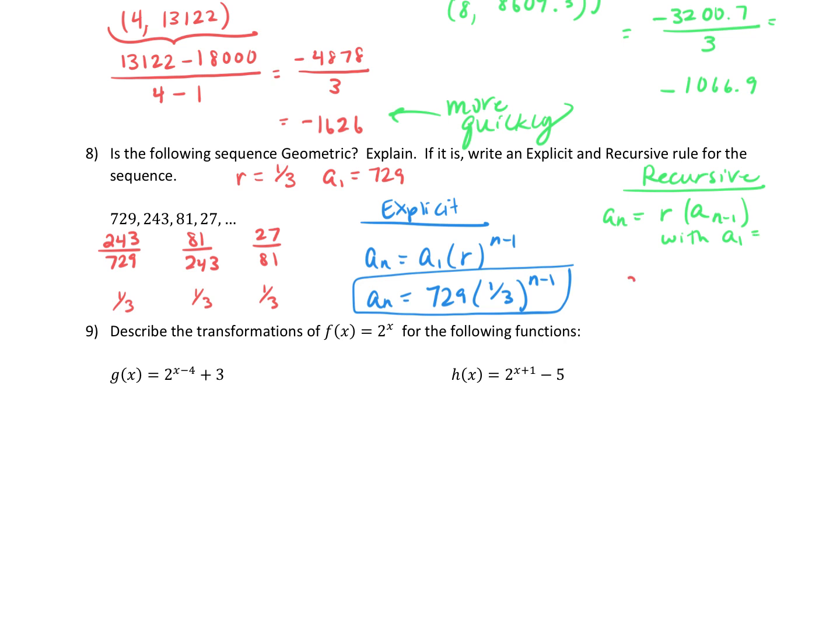All right, so our recursive rule, AN equals, our common ratio was 1/3 times this A with a subscript of n minus 1 never changes. What does change is the first term and the common ratio. So we have to give everybody the first term to start this one out. So with A1 equal to 729.